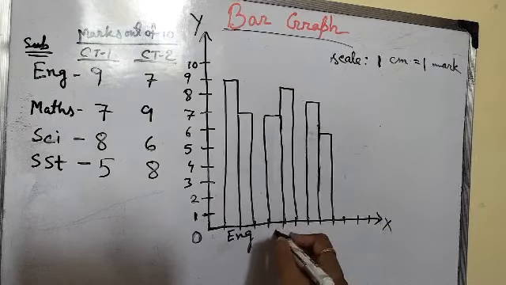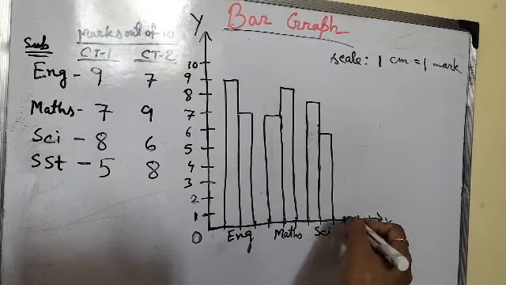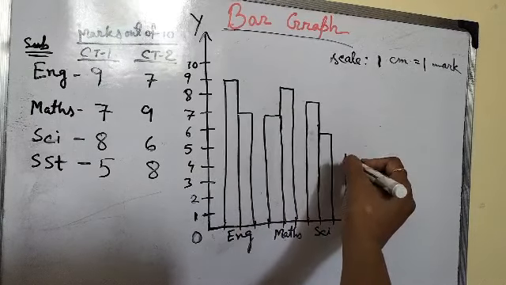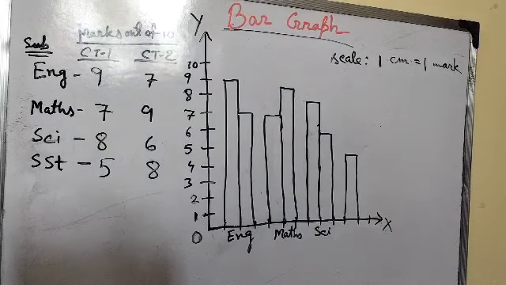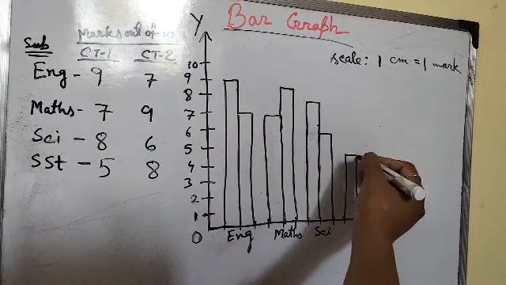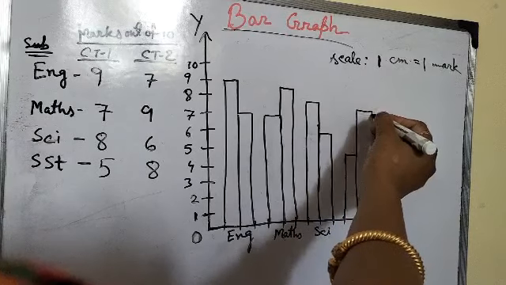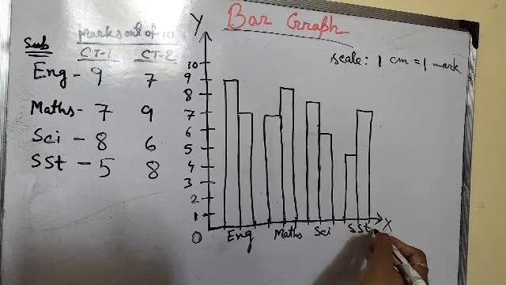This is for maths. This is for science. This is for SST. Five marks. And city 2, that is 8 marks. This is SST marks.